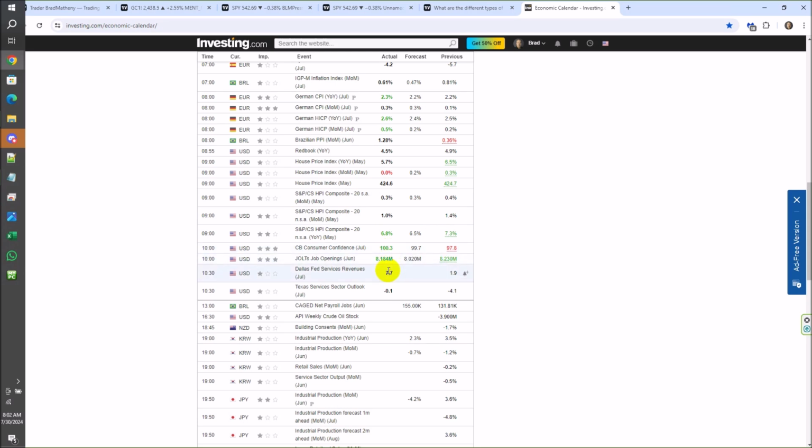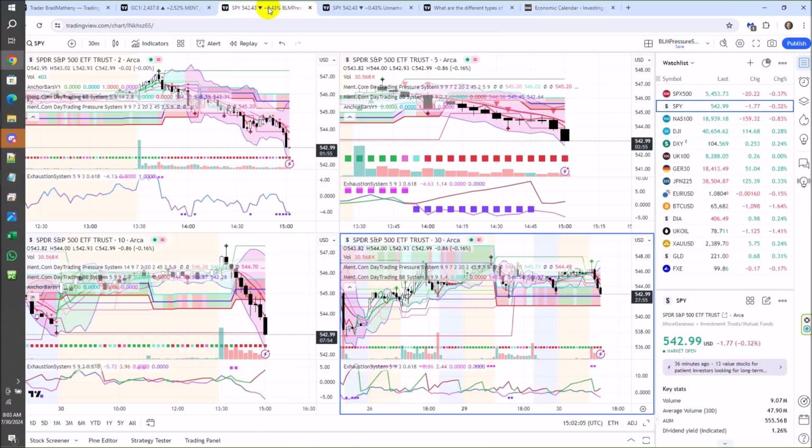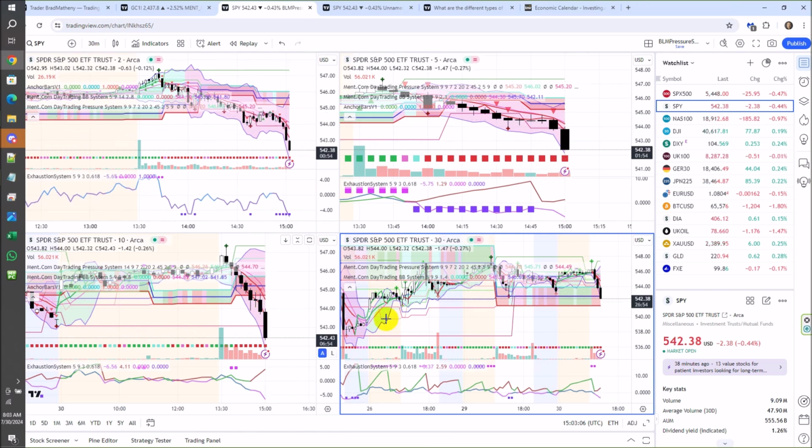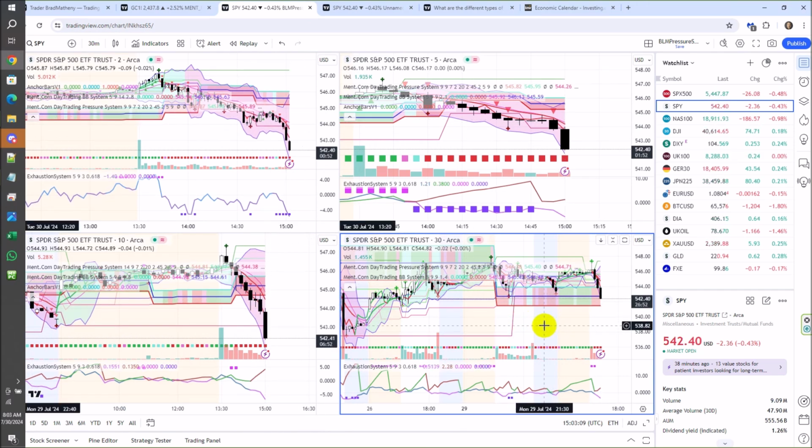JOLTS job openings. Really nothing other than real estate. This is a pretty big miss for real estate, 6.5 to 5.7, and then housing price index month over month. Not huge, but the data has been moving higher, so nobody wants to see house prices come down. But we're not getting a huge miss. Like I said, this is really starting to break down pretty hard, but it's not a huge miss. So let's see how this plays out.